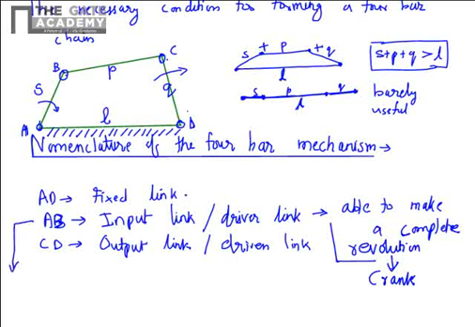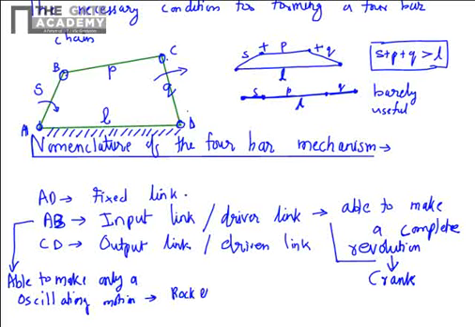If the input link is not able to make a complete rotation or revolution and is able to make only a rocking motion or oscillating motion, then it is called a rocker or oscillatory link.